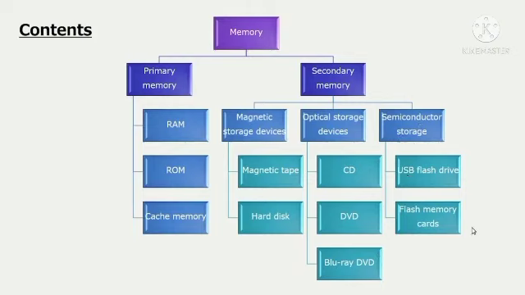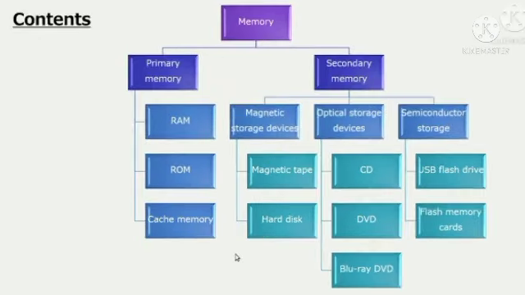Again, the magnetic storage devices are classified into magnetic tape and hard disk. Then the optical storage devices are classified into CD, DVD and so on. Then the semiconductor storage is divided into USB flash drive, flash memory cards, etc. Let us start to discuss each one of these.